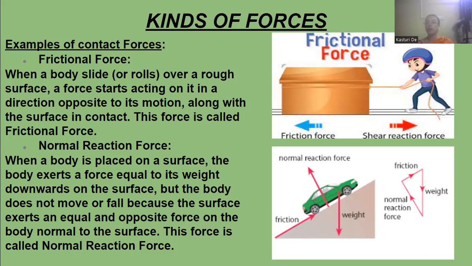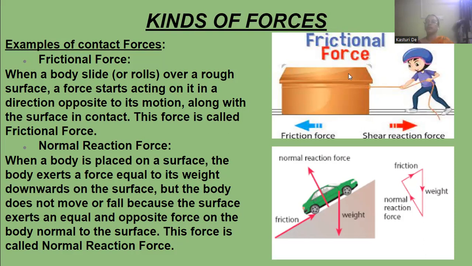Because a force is acting opposite to the pull which I am giving, stopping the book from coming forward. That force is known as frictional force. So that opposite direction of force is frictional.